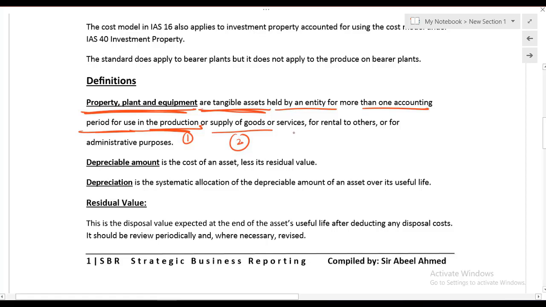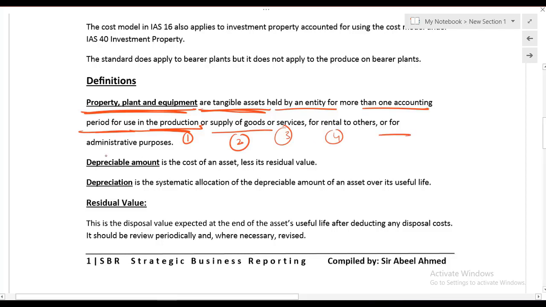Then services to others, third. Rental to others, I have given the example. Whenever property is given on rent with significant ancillary services, then we apply IAS 16. But if we have given the property on rent with insignificant ancillary services, then IAS 40 is applicable.